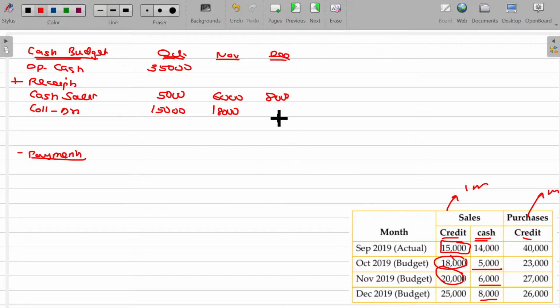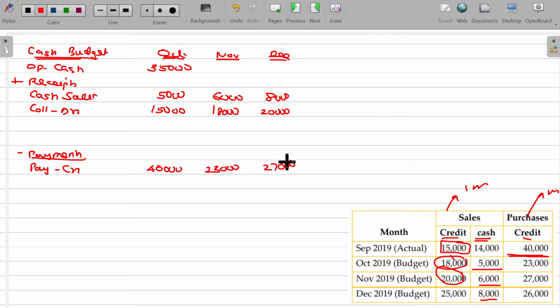Here 20,000. Similarly, in the case of creditors, payment to creditors. How much is that? For October, 23,000. Then 40,000 rupees, 1 month delayed. Similarly, here 23,000. Here 27,000.